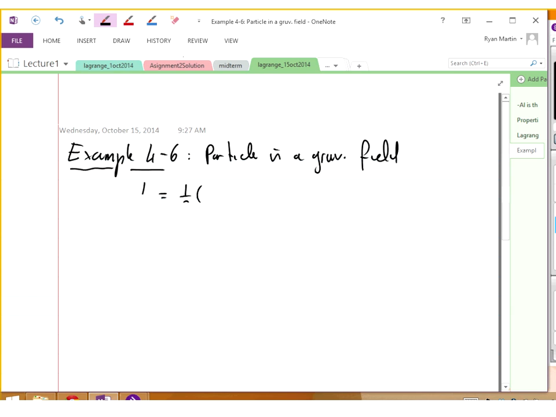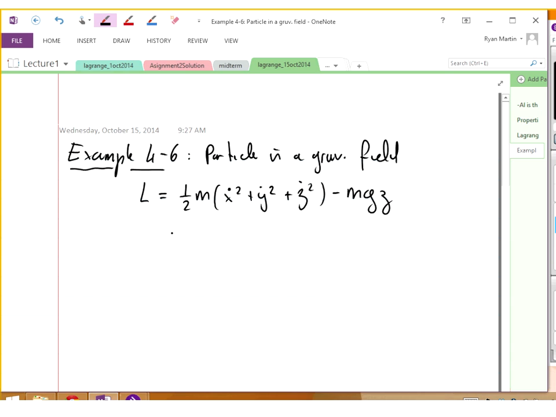So the Lagrangian of a particle in a gravitational field is T, the kinetic energy, which is given by a half m (x dot squared plus y dot squared plus z dot squared), minus the potential energy, which we'll set as mg times z. So we'll have gravity in the negative z direction.